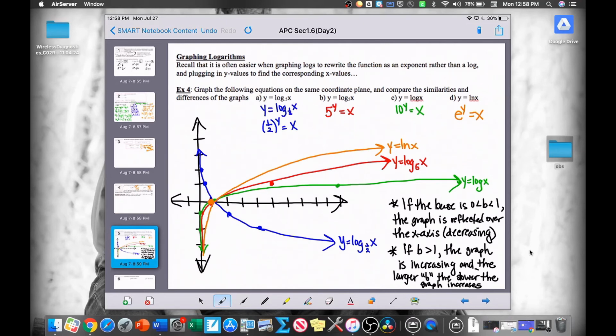So the closer the base is to 1, the faster it's going to climb. And then the bigger the base is, the slower it's going to climb. Which hopefully, if you contemplate that, logs are the inverses of exponential functions. Remember, with exponential functions, the bigger the base, the faster it climbs. So we have that inverse relationship here with our base and how quickly our graph is climbing with our logarithmic functions.